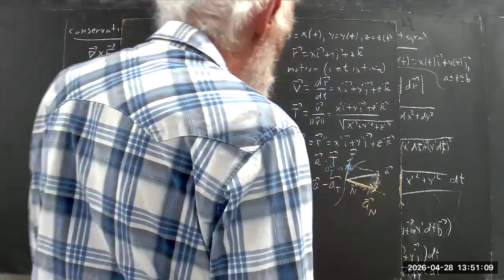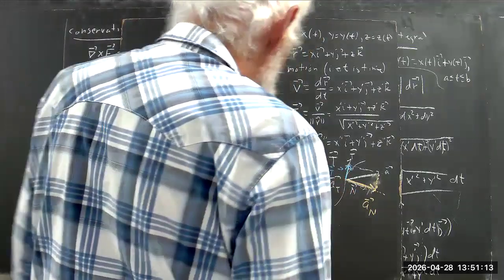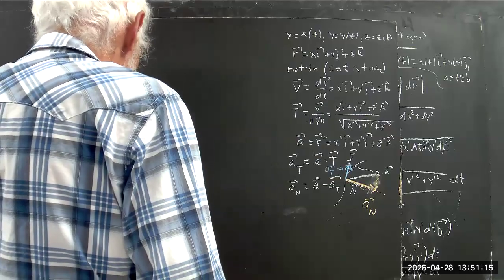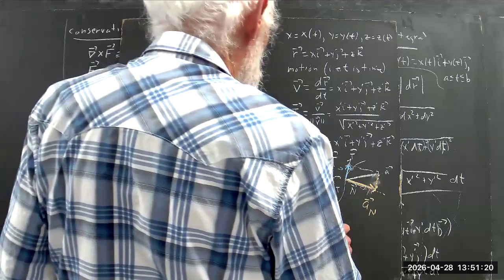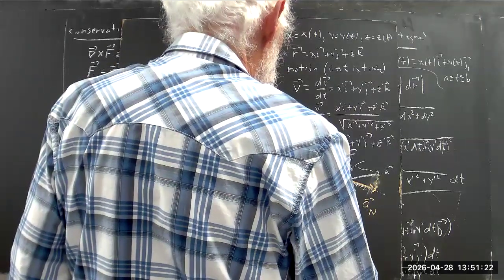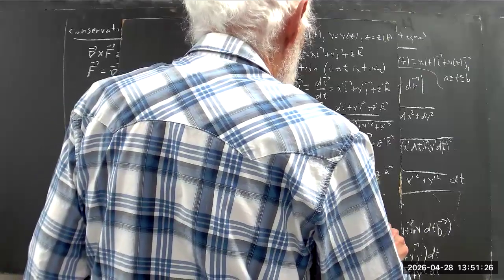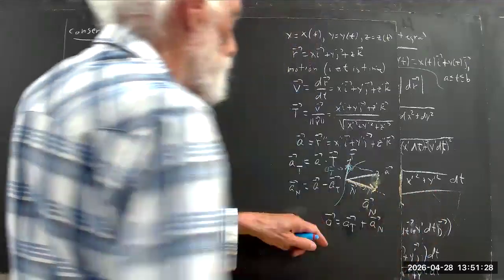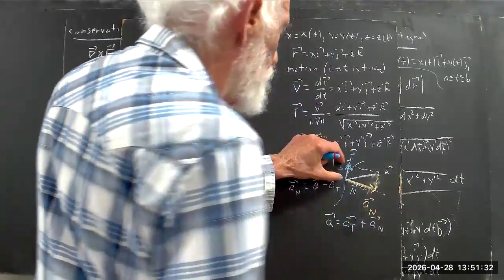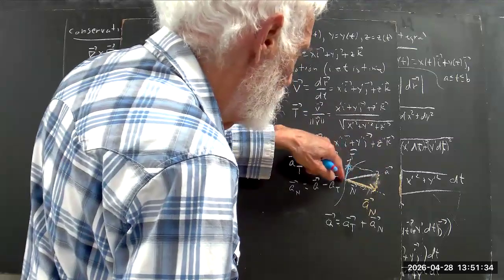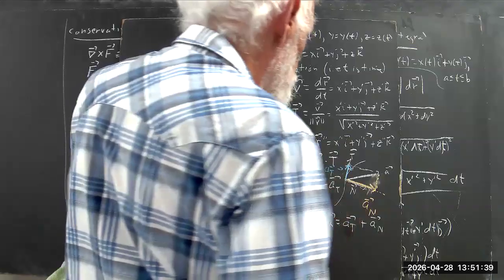These vectors are perpendicular. In other words, the tangent vector and the normal vector are perpendicular. I did this in class, but your acceleration vector is the sum of this and this, because this is a rectangle, and there's your diagonal.